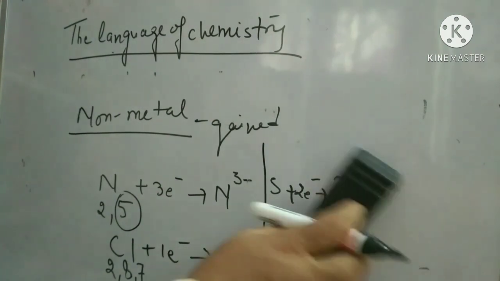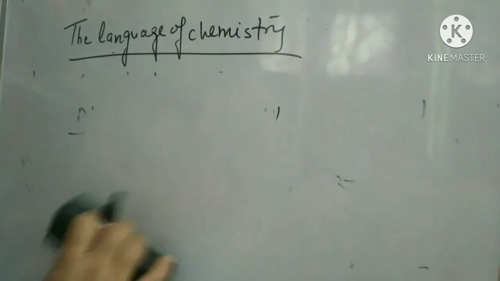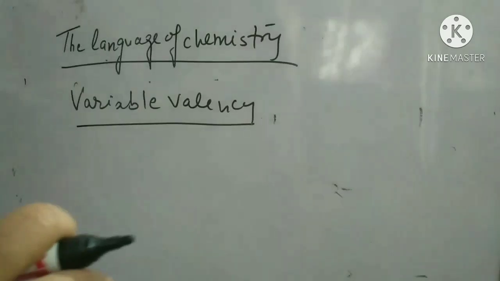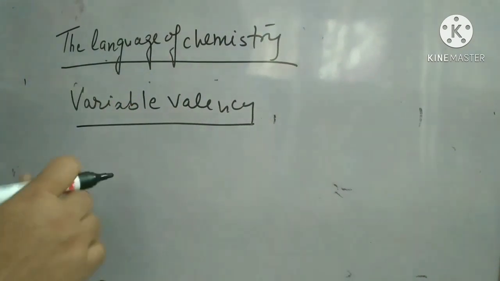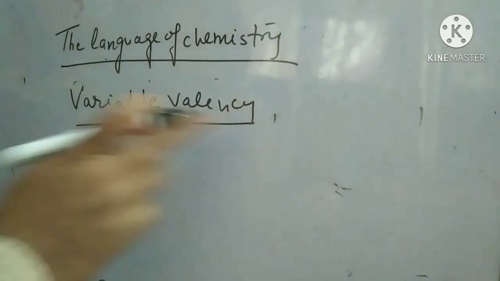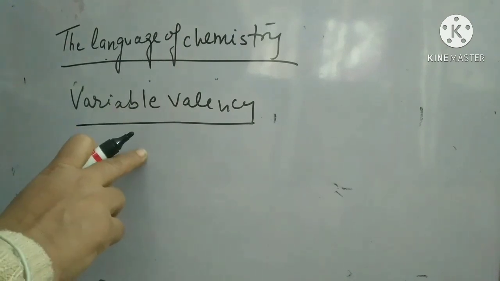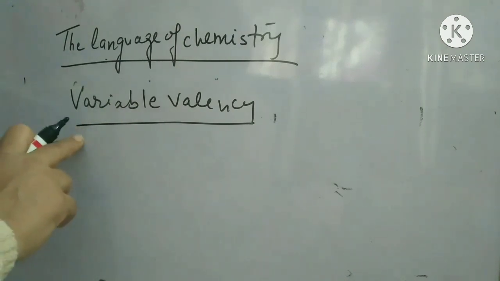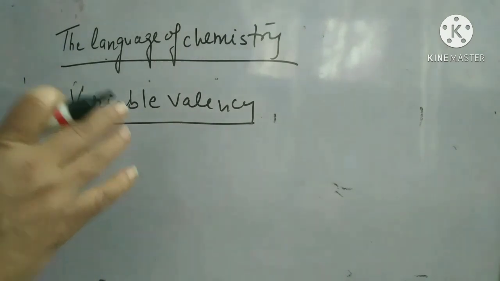Now coming to the next topic, that is variable valency. So what is variable valency? Some of the metals exhibit more than one valency, and it is said that these elements are showing variable valency. Why do they exhibit variable valency?